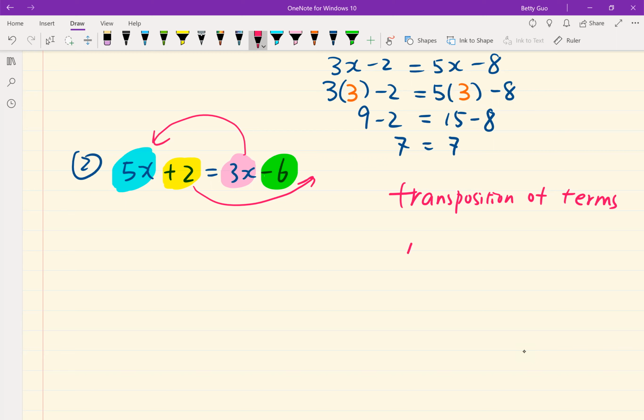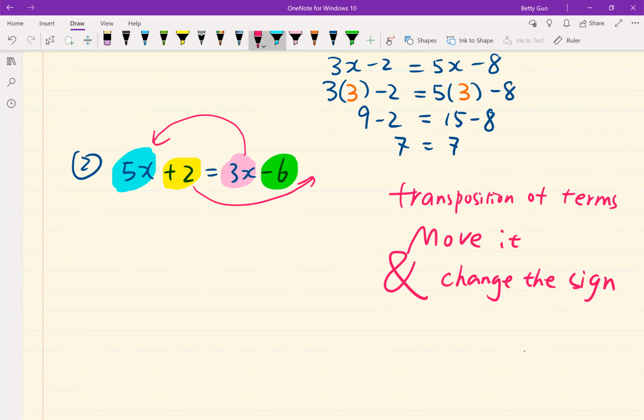Just remember, when you move a term from one side to the other side, you have to change the sign in front of it. A common mistake is you only remember to move. You don't remember to change the sign, and that is incorrect. Two things in one.